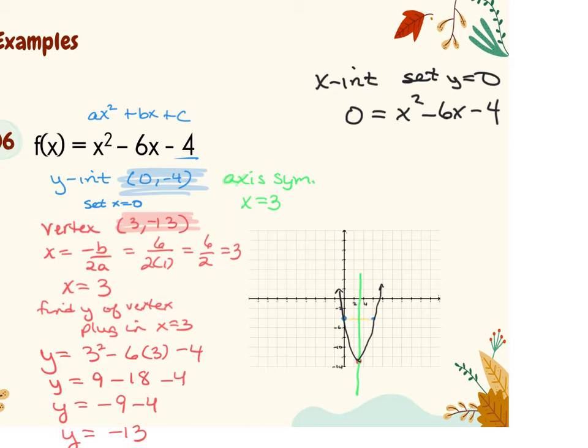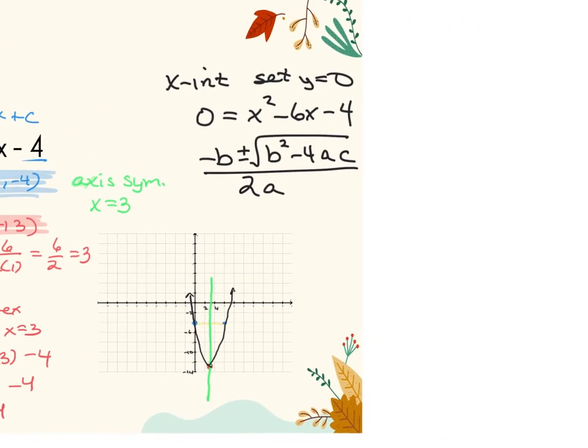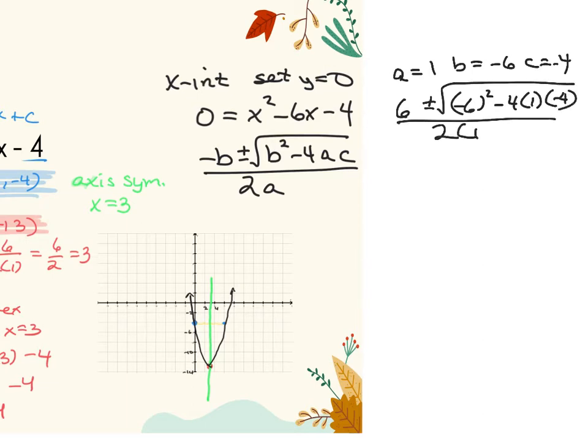Your quadratic formula is -b plus or minus the square root of b squared minus 4ac, all divided by 2 times a. So let me go ahead and plug in. My a value is 1, my b value is -6, and c is -4. So opposite of b, so +6, plus or minus the square root of -6 squared, minus 4 times a times c, all divided by 2 times a.